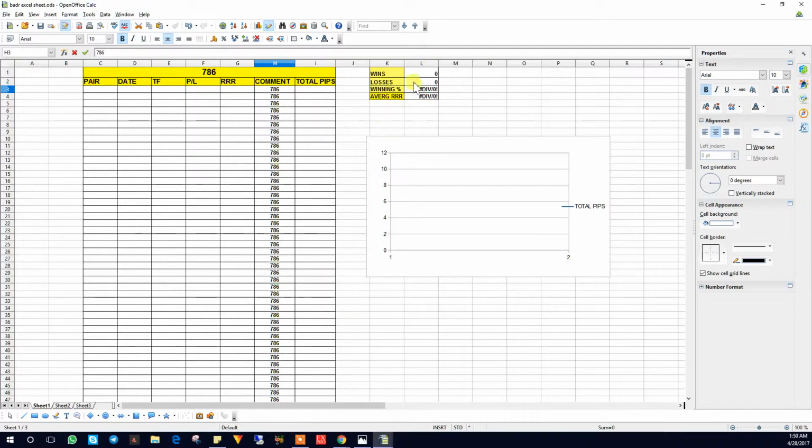This table basically calculates every single thing about your strategy, like the number of wins, the number of losses, the winning percentage, and the average risk reward ratio. If you don't know how to use this, you can stop the video and see what I have written there. And same thing here, if you don't know how to write this equation.